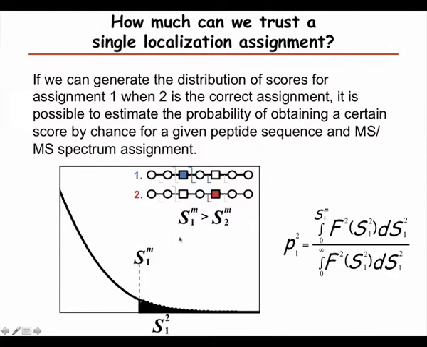And then we can just integrate the tail at the actual score that we get for 1, and see what is the probability for that. Yes, so then we can take one step further. So now we're just asking what's the chance that 1 was false.